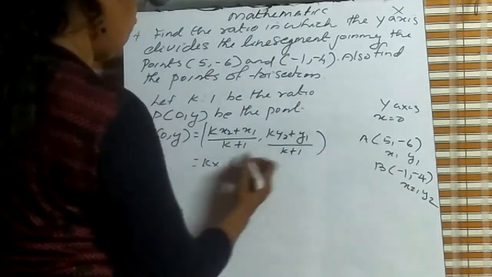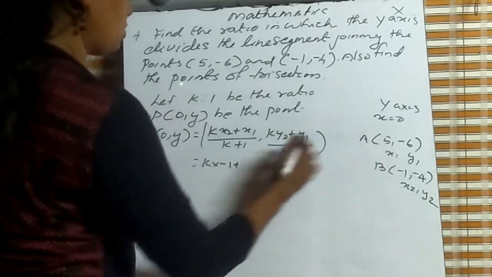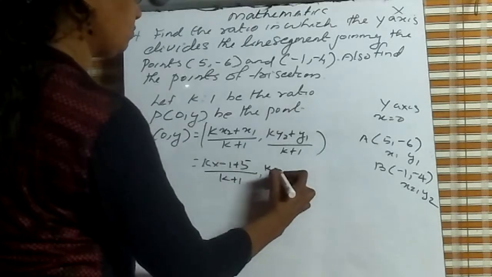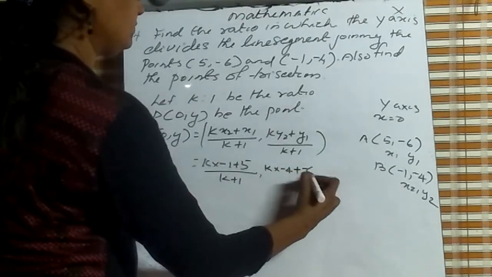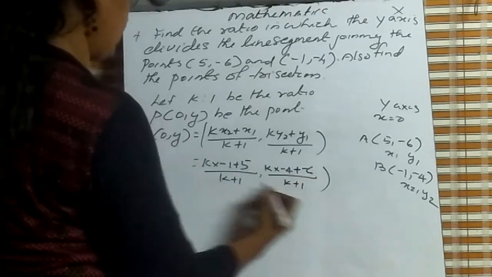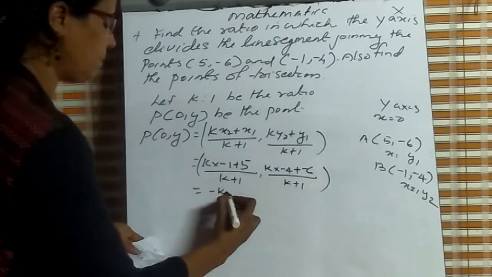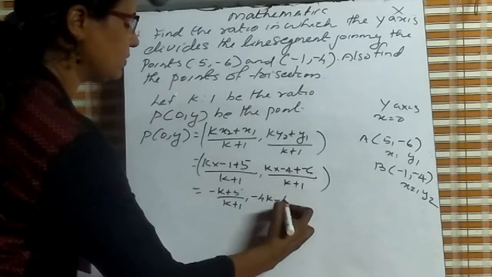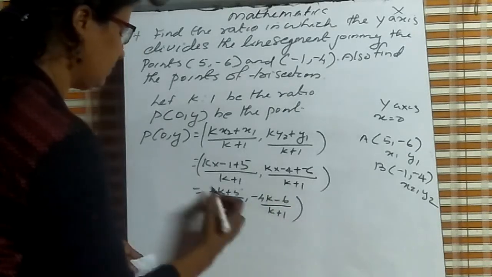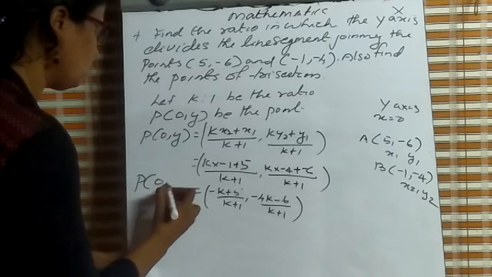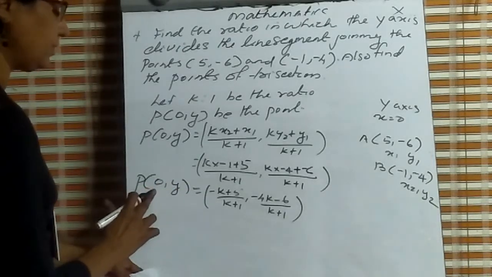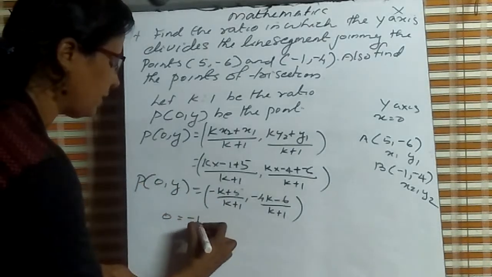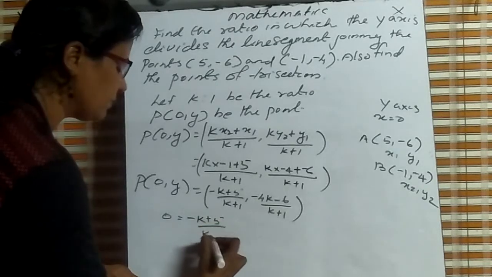Then k into x2, which is -1, plus x1, 5, divided by k plus 1, and k into y2, -4, plus -6 by k plus 1, equals (-k + 5) by (k + 1), (-4k - 6) by (k + 1). Equating the x-coordinate to 0: 0 equals (-k + 5) by (k + 1).